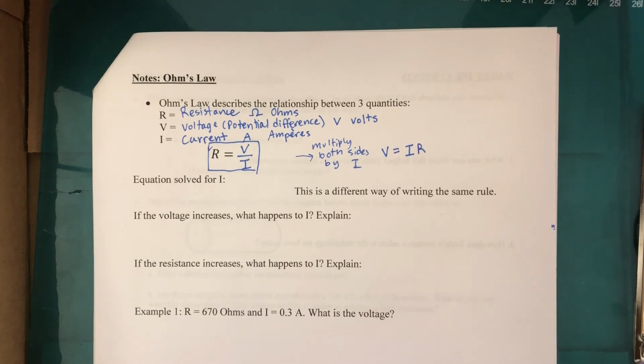It's just multiplying two things to get the other thing, which is a little easier to think about. Definitely if you ask my dad, who's an electrical engineer, he would tell you V equals IR.